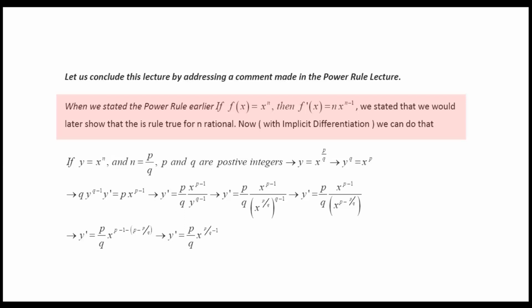Okay. Now let's solve for y prime. We do that by dividing each side of the equation by this, and this gives us this. Okay. Now we come over here, and the difference between this term and this term is that we have substituted in for y, which is equal to x to the p over q power.